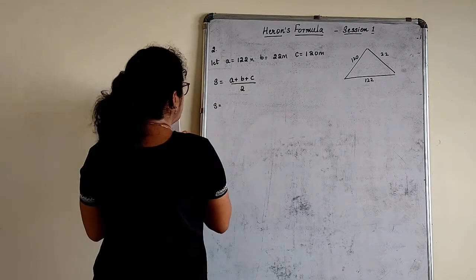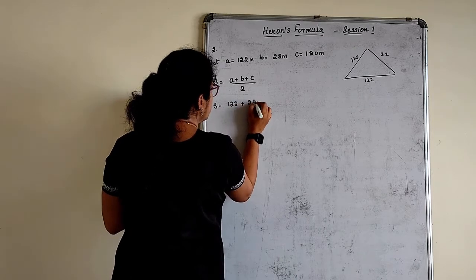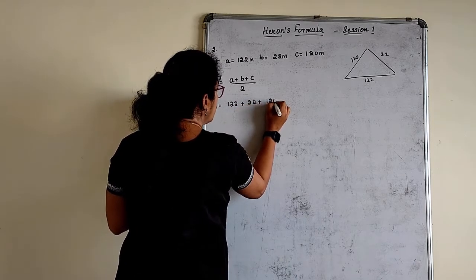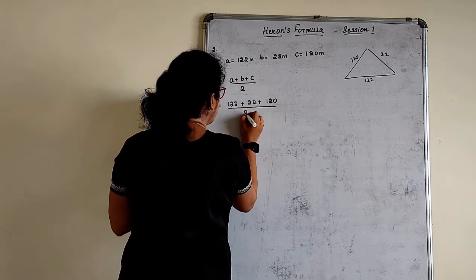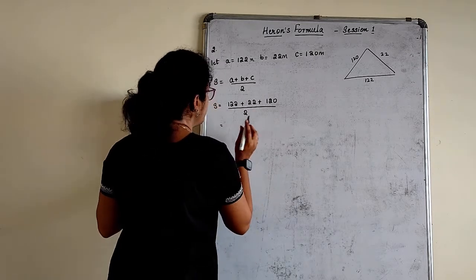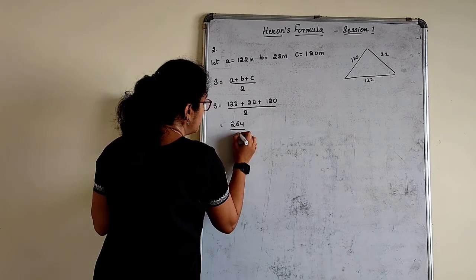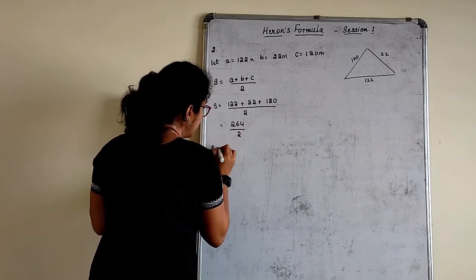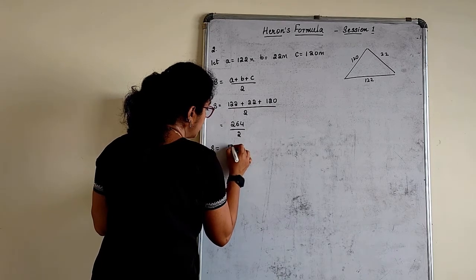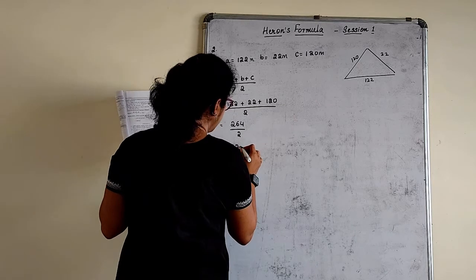So s is equal to (122 plus 22 plus 120) divided by 2. So 122 plus 120 plus 22 will give you 264, divided by 2. So the semi-perimeter is 132 meters.